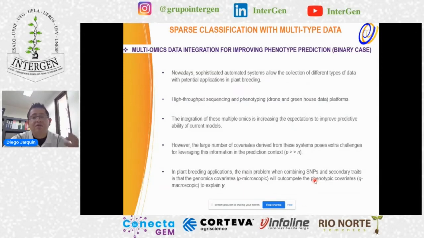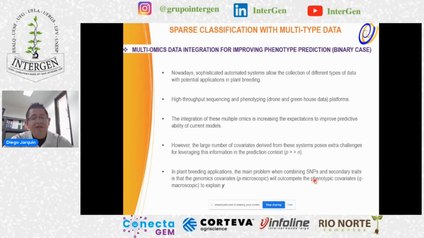We have high-throughput sequencing and phenotyping, drone, greenhouse data, pictures, etc. The integration of these multiple omics is increasing expectations to improve predictability of current models. However, the large number of covariates also poses challenges for bringing this information into the model.